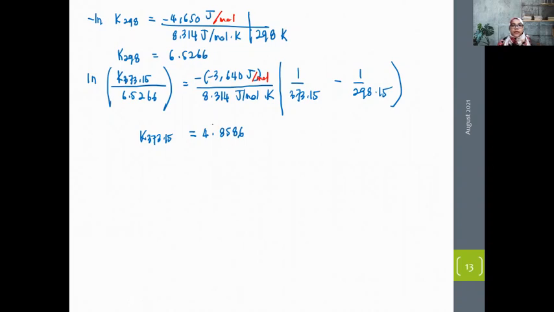Okay, so we already have this value from this expression.